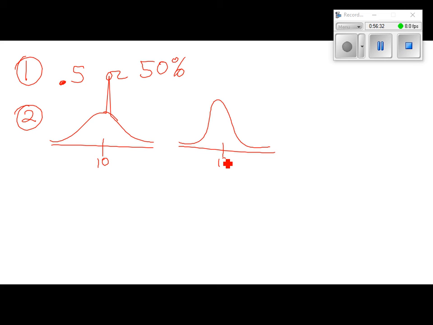And what else? Give me another thing that's the same about them. They're both normal. So for similarities, they have the same means and they're both normal. For differences, different standard deviation, and give me something else. How they look different. One's more straight up and down, one's more spread out, however you want to say it.